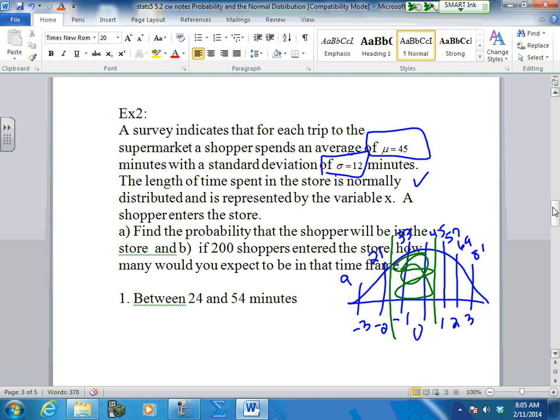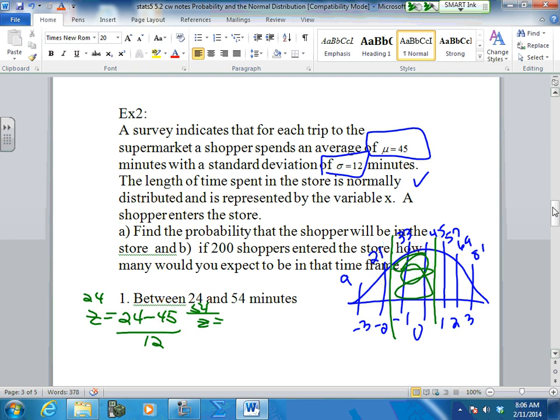And then we're going to do them on your calculator with a lower and an upper, and get it real fast. But we're going to do it the other way first. A z-score for 24 and a z-score for 54. Now the z-score for 24 should be positive or negative? Negative, good. So we're going to subtract the smaller number minus the larger number over your standard deviation.